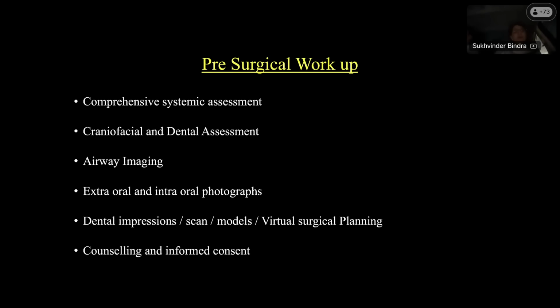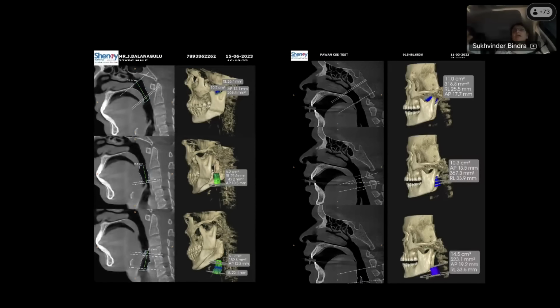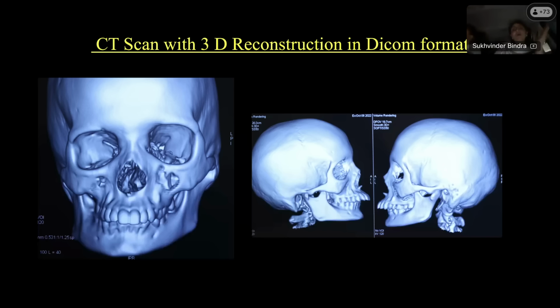So pre-surgical workup includes comprehensive systemic assessment, dentofacial assessment, imaging, photographs, models, consent. Lateral cephalogram and CBCT help us in deciding the treatment plan. And photographs are needed for the patient to see how they were looking pre-operative and how you can compare them.